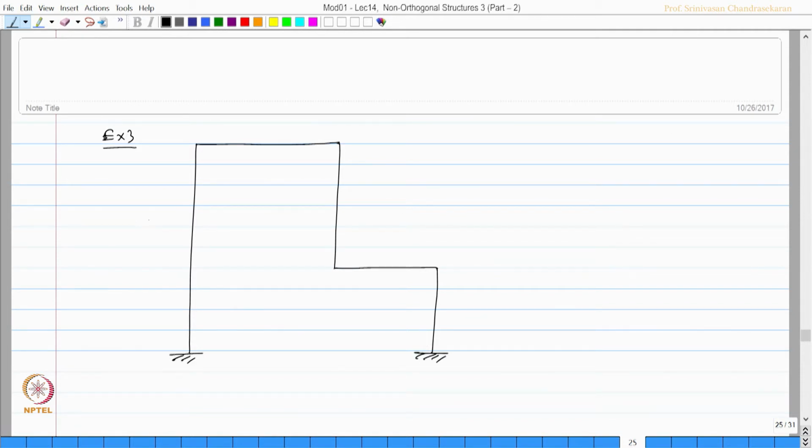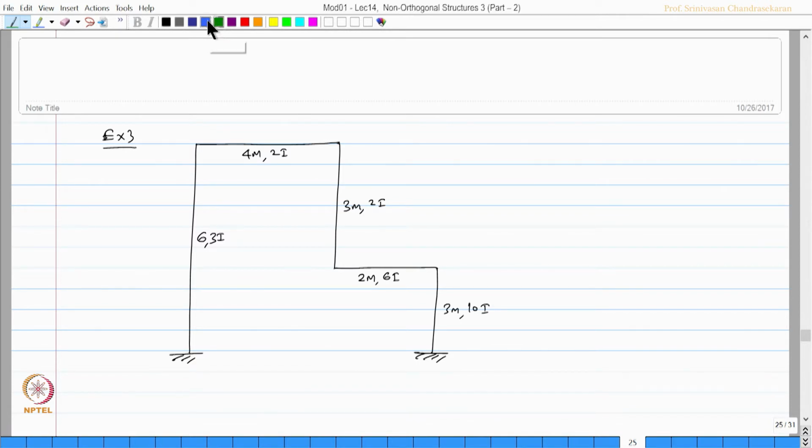This is 6 meters and 3 I, this is 4 meters and 2 I, this is 3 meters and 2 I, this is 2 meters and 6 I, this is 3 meters and 10 I, that is the problem.